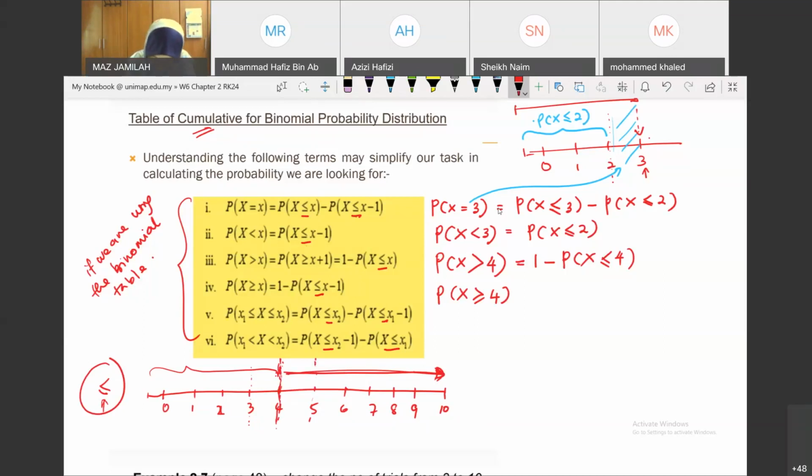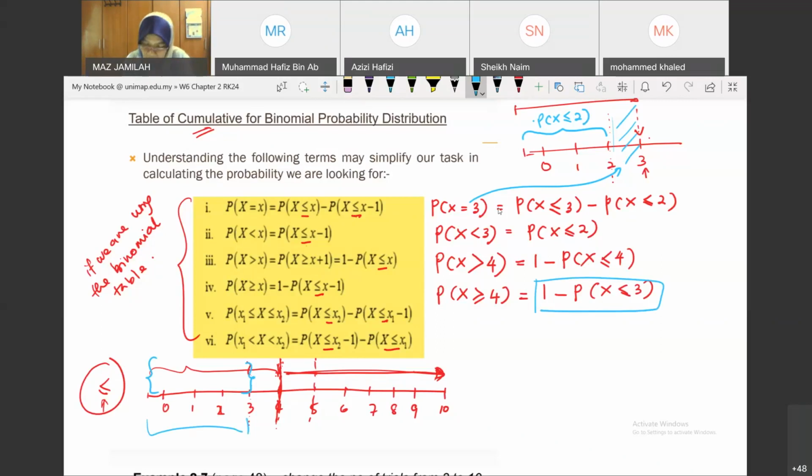Just now it was from here only. Now greater than or equal to 4 means 1 minus P(x less than or equal to 3), since 4 is included, so we are talking about this region to be the answer for this one.